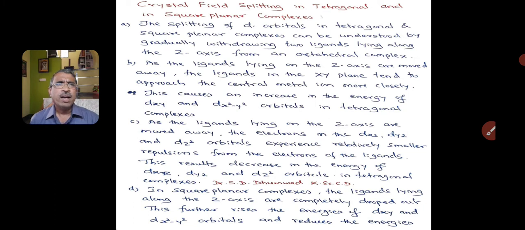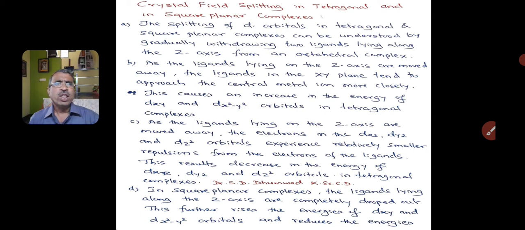In case of octahedral complex, 4 ligands are in one plane, 2 ligands are above and below the plane along the z-axis. When we remove these 2 ligands, now the coordination number becomes 4, instead of 6.